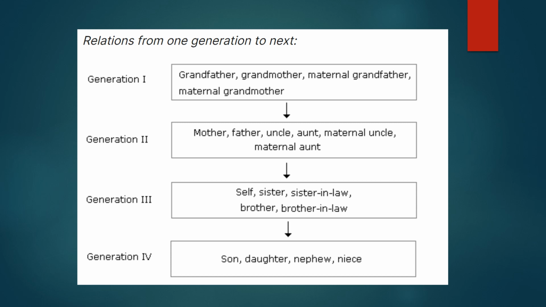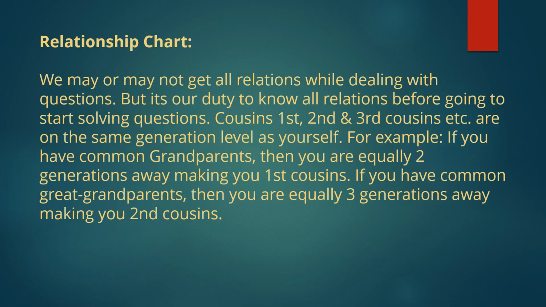Then it will be easier to understand the relationship being asked. This is called a relationship chart. We may or may not get all relations while dealing with the questions, but it's our duty to know all relations before starting to solve the questions.